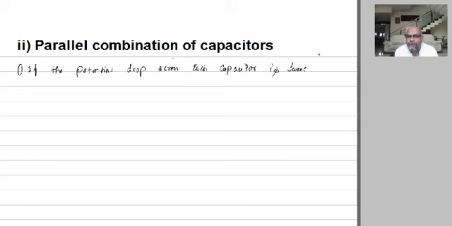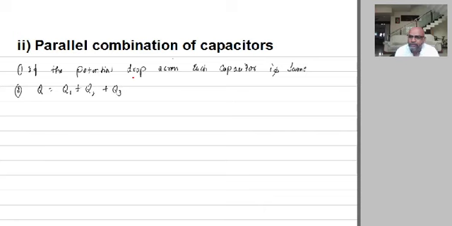Okay, so if the potential drop across each capacitor is same, the second condition is that the total charge is equal to the sum of the charges on the individual capacitors. That's it. Q is equal to Q1 plus Q2 plus Q3.